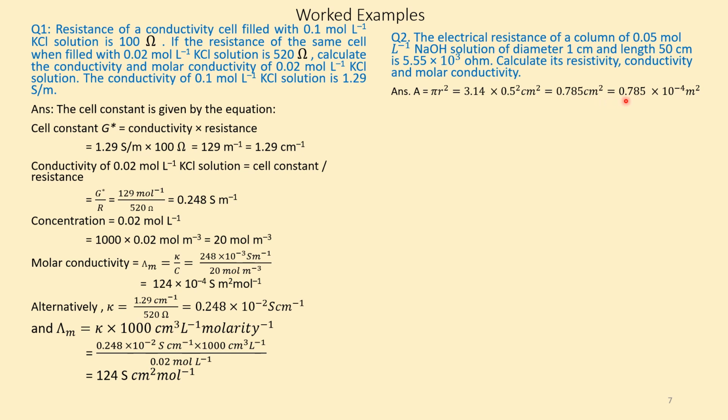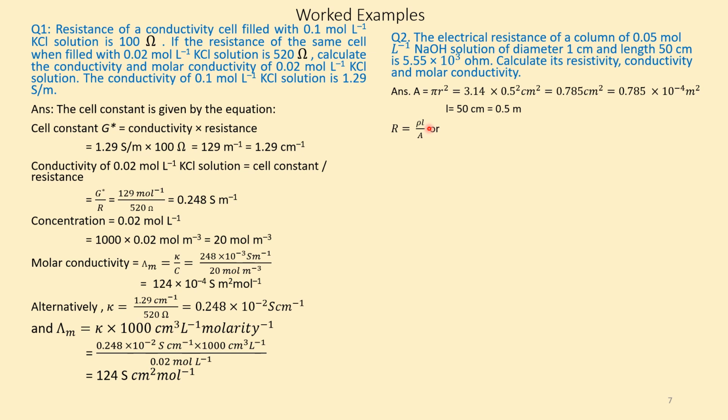Converting into meter, it will be 0.785 into 10 to the power of minus 4 meter square. So length is given as 50 centimeters and that we are converting into meters as 0.5, that is divided by 100.